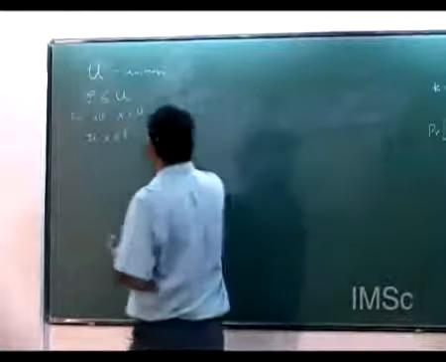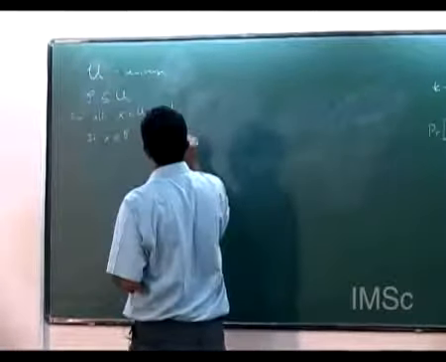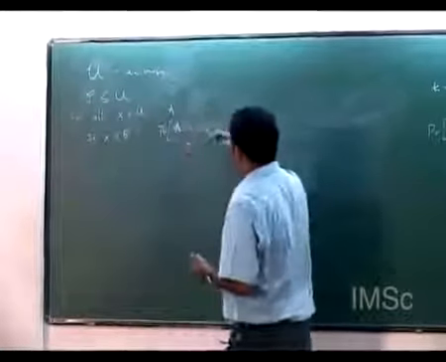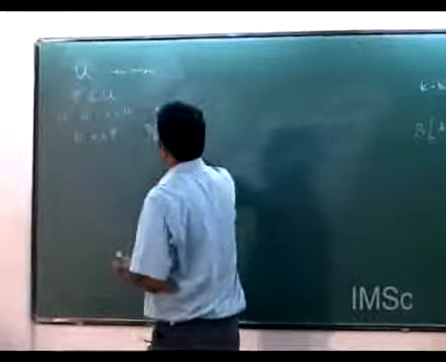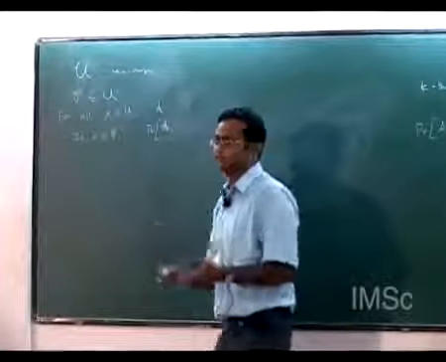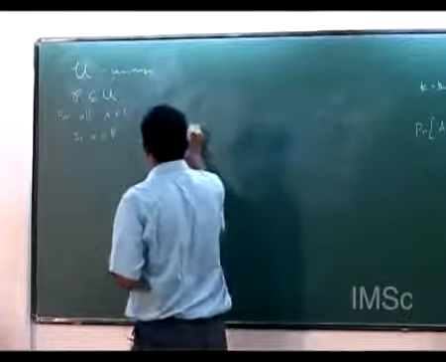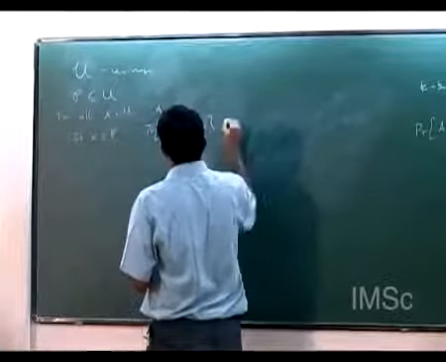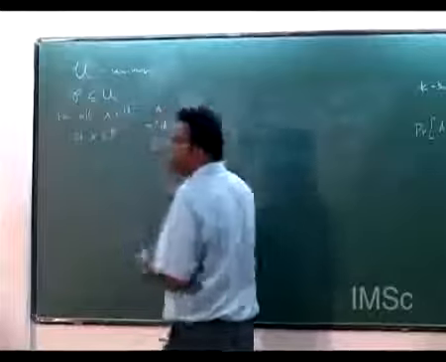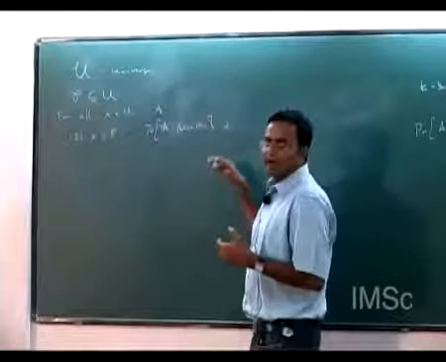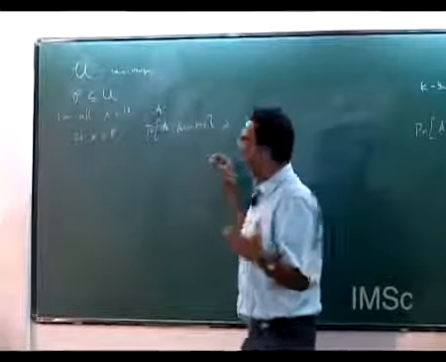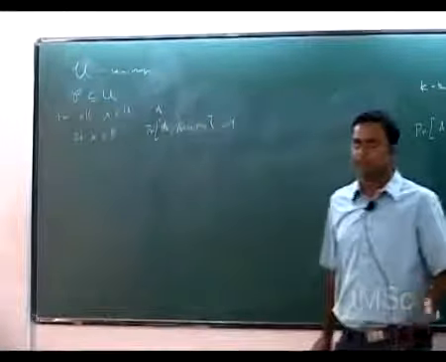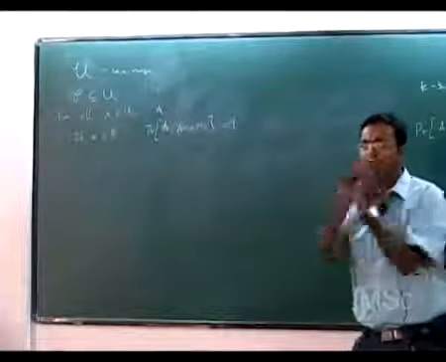So the probability that A accepts x should be 1, let me just write down 1 for now. If it has the property, I want to accept it always.